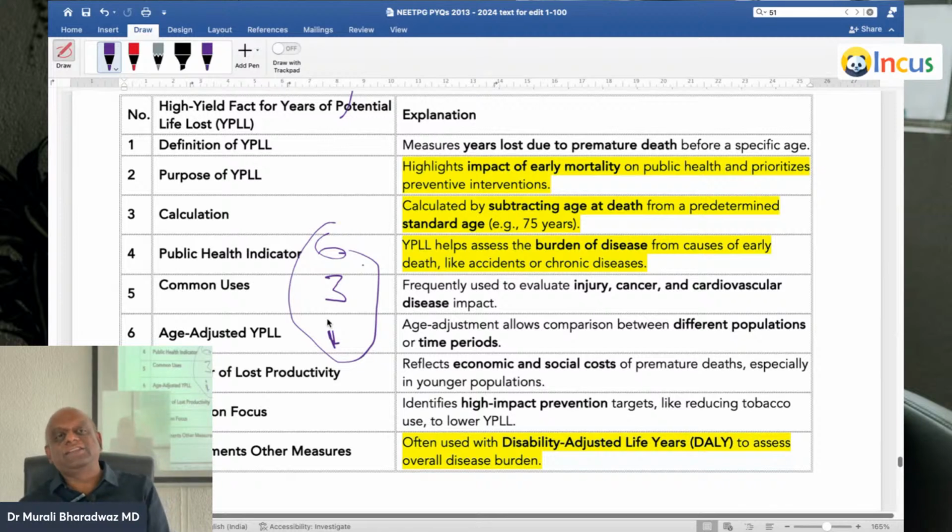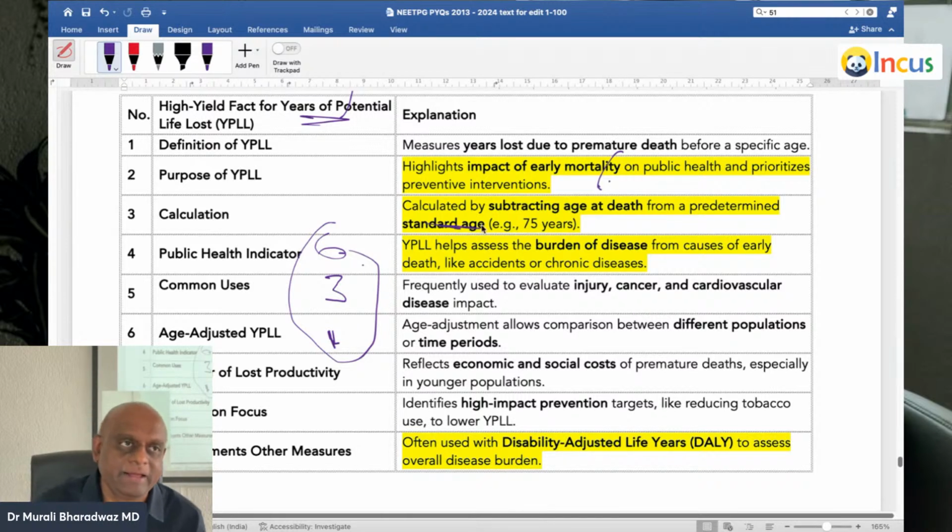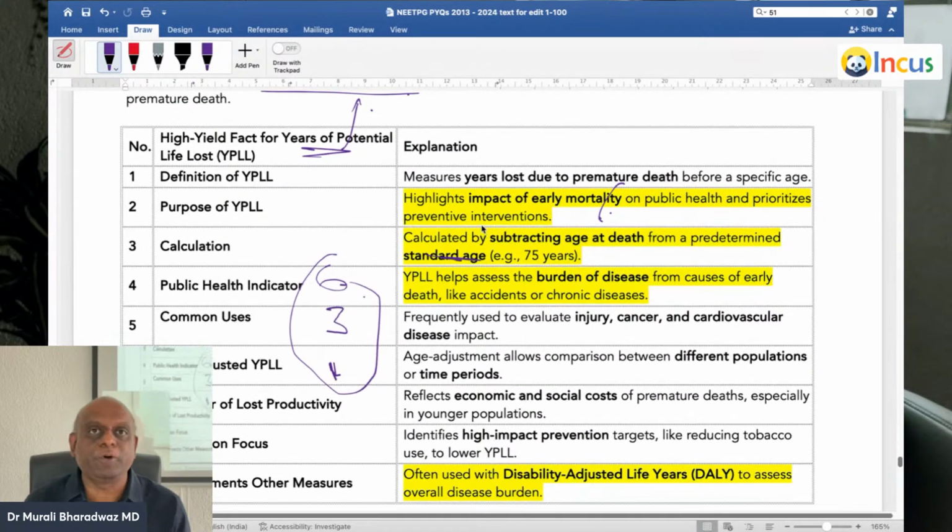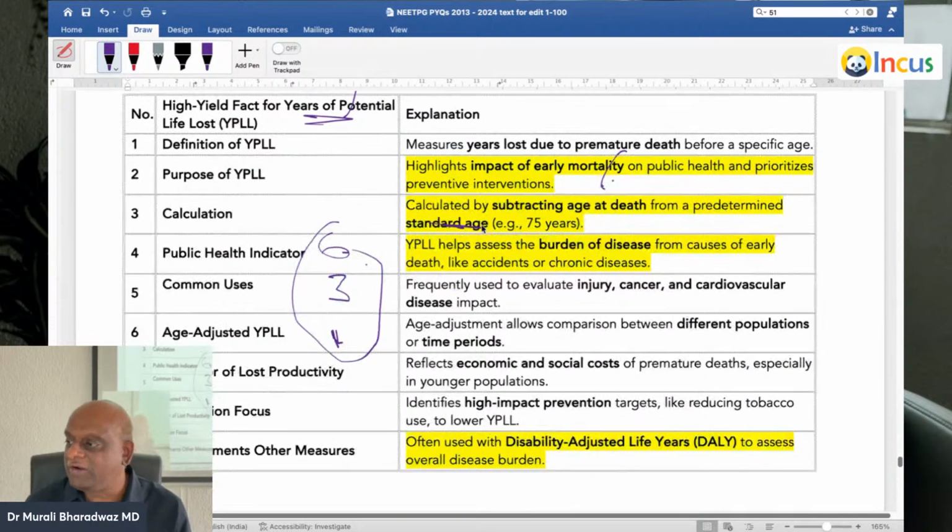Comfortably, no tension at all: preparing, eating, watching movies, enjoying with friends. This is the happiest time. Later you get married, half wasted. Do PG, the other half wasted. So how do you calculate it from a standard age? For example, in India the expected life expectancy is 75. Somebody died at 50 years. 25 years is the years of potential life lost, which is what you need to remember.